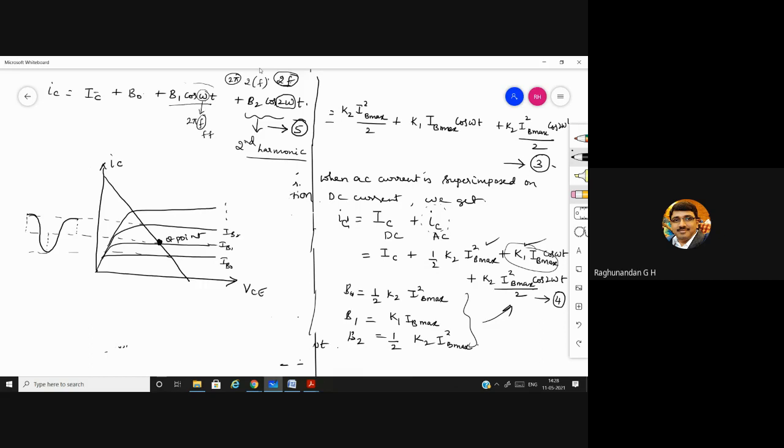Now, what do you call this angle? What is the value of this angle? 0 degrees. Now, this angle is Pi by 2. What is the value of this angle?